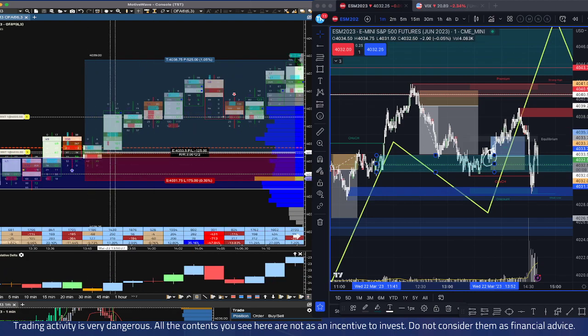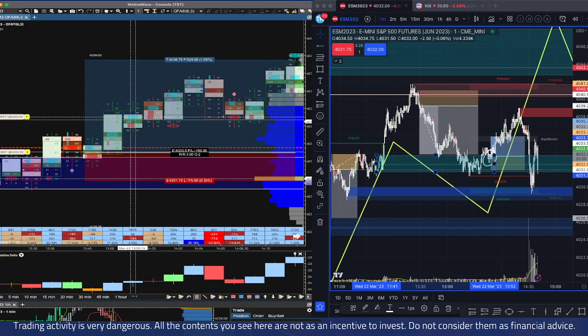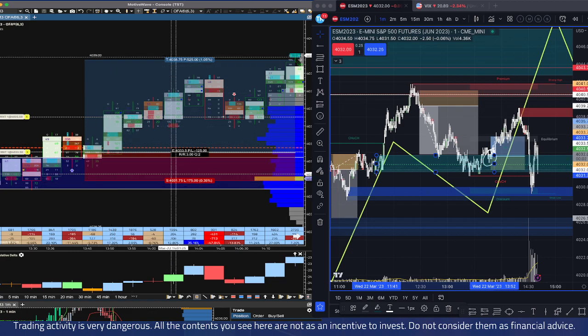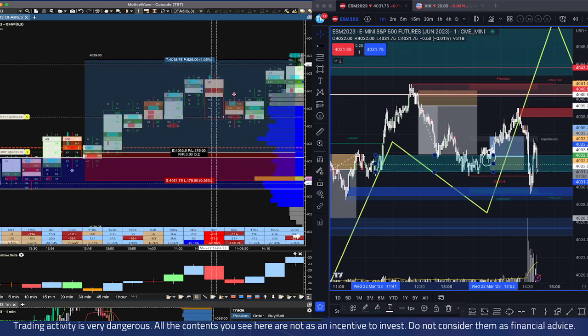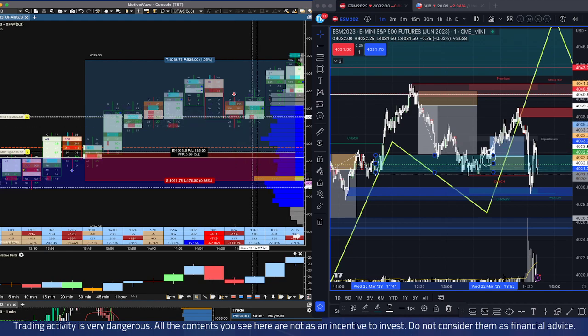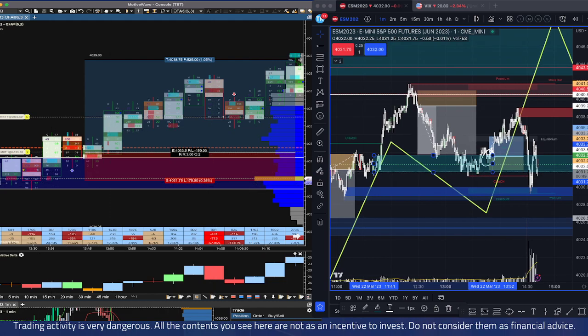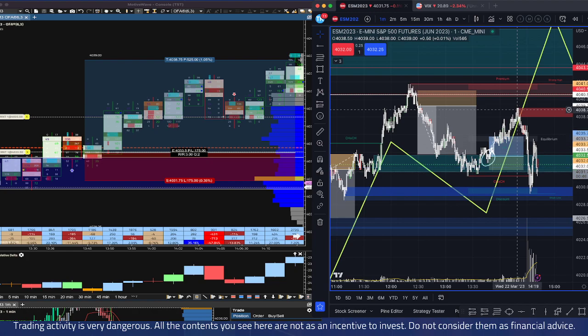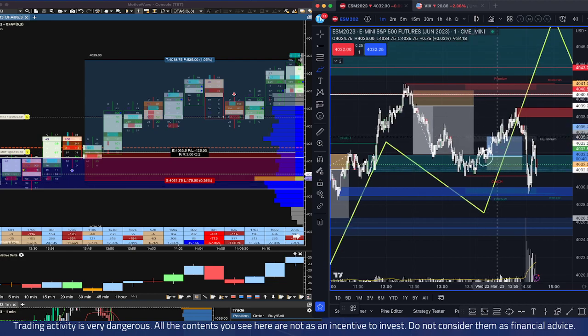In fact, price got a strong movement up and almost reached the target. I close here with 1.5 R more or less. Why? I want to show you why, going on the right side in TradingView. As you can see, I close here more or less. Why?